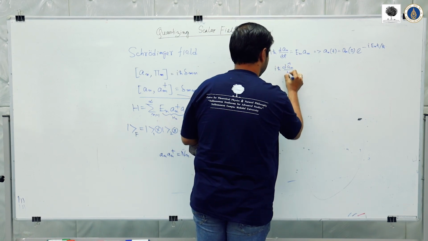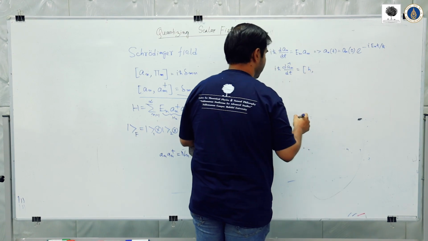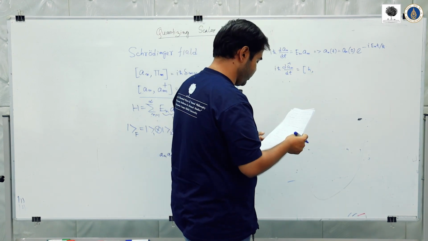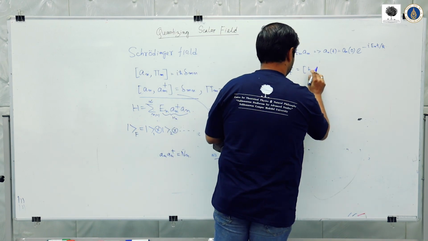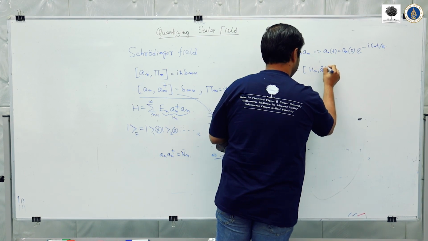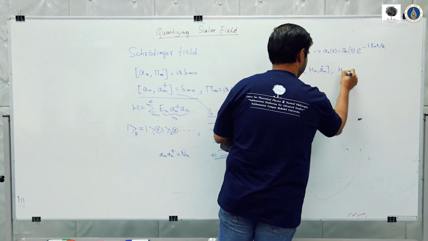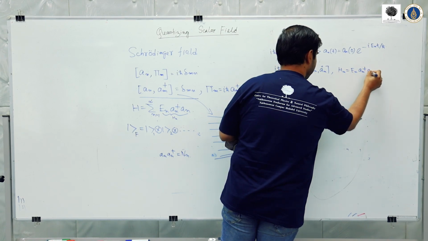I am using a hat to denote operator now, and it will evolve in terms of individual Hamiltonians. I should write the commutator of H_n with a_n dagger, where H_n is nothing but E_n a_n dagger a_n.